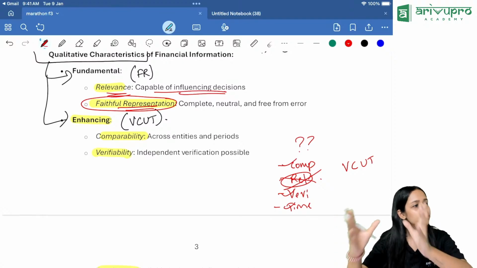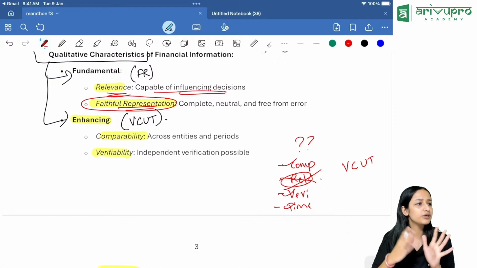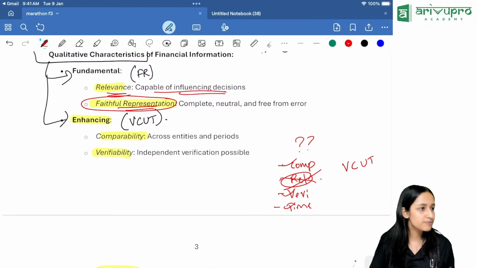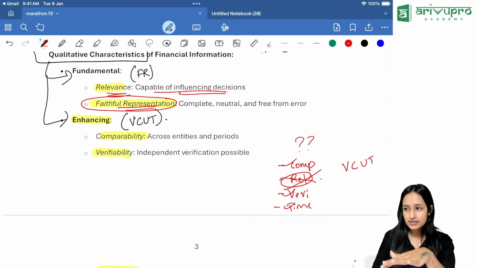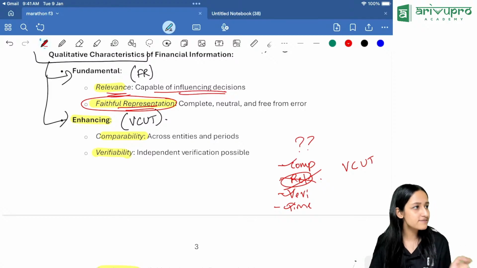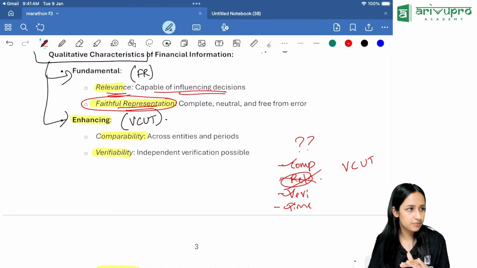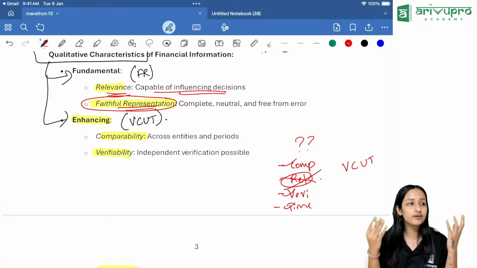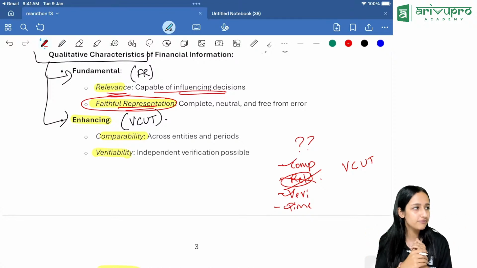Even though this person will be trying to give you the information, trying to make you like this cricketer, you will not be bothered in the least. So you are showing bias because you don't like the person. Whatever this person does, you will not be bothered about it. What you're doing is not faithful representation. You're biased against this person. If you would have gone the straight way and been like, oh, this person did this, and then clearly taken it in your mind, then it would have been faithful representation.